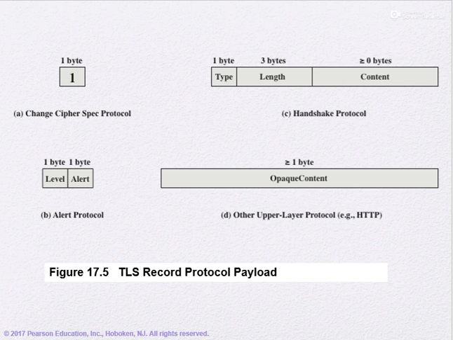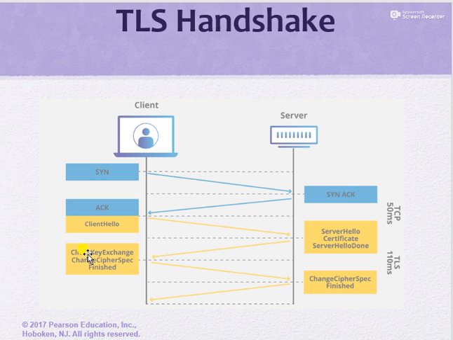The purpose of this message is to finalize this session, not a connection but the session, because it causes the pending state to be copied into the current state. Until here the state is pending. So the client will send the change cipher spec message and the server will respond with its own change cipher spec message, and then a TLS session is established between both parties.